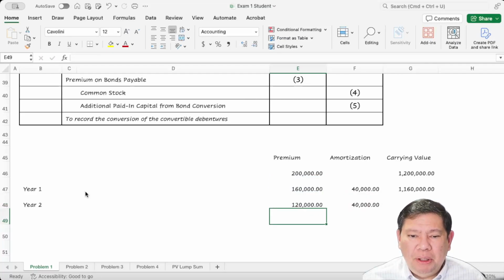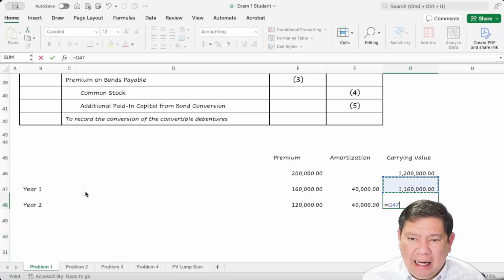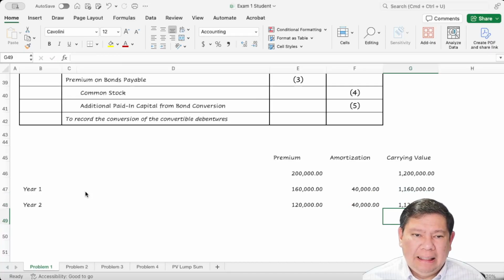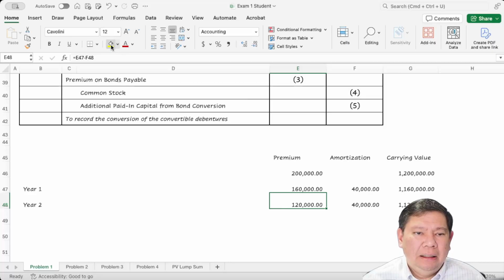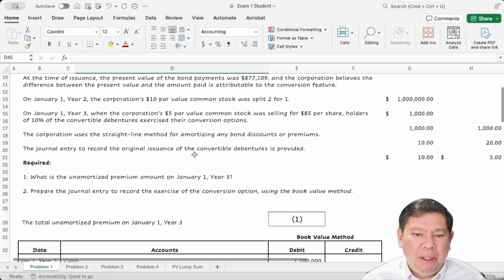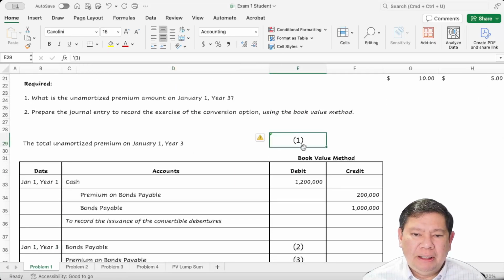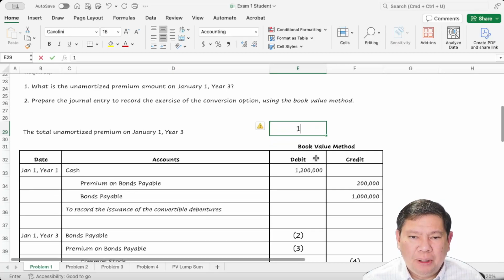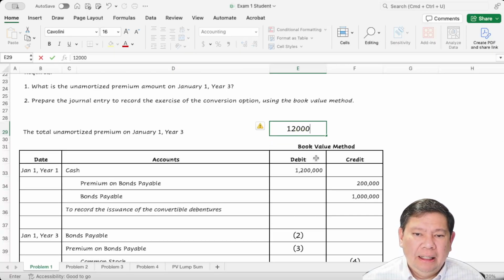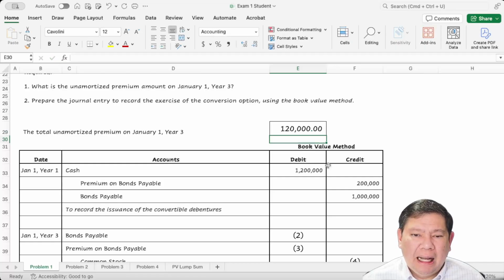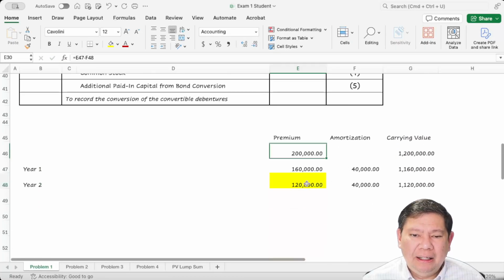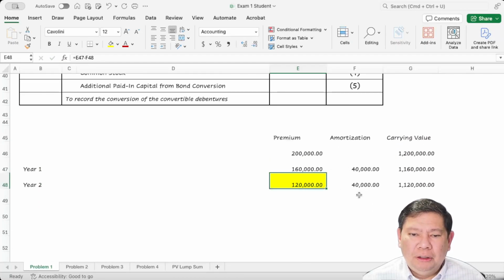The premium goes down to 120,000, and the carrying value goes down to 1.12 million. So that's the premium on January 1st, year 3: 120,000. Simple amortization using straight line for 2 years.